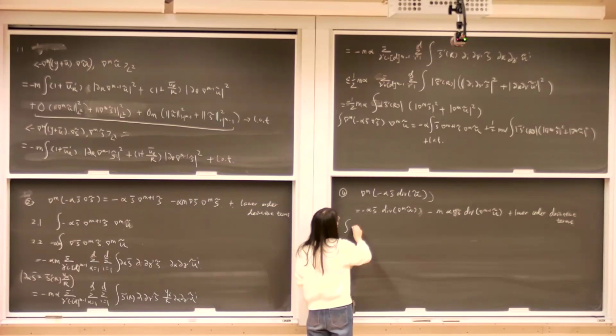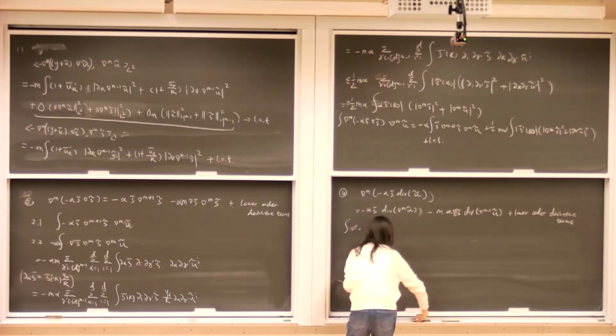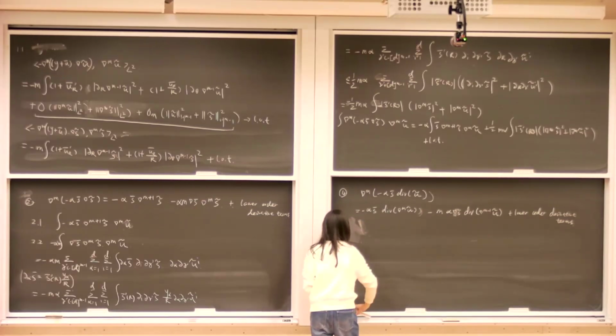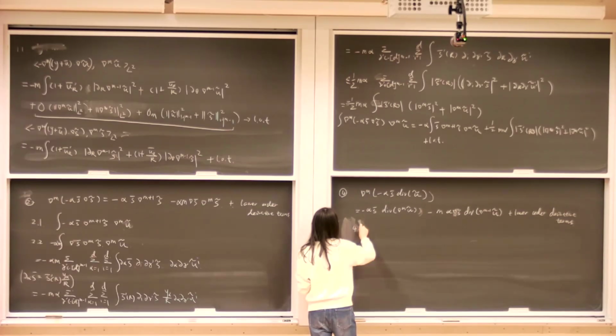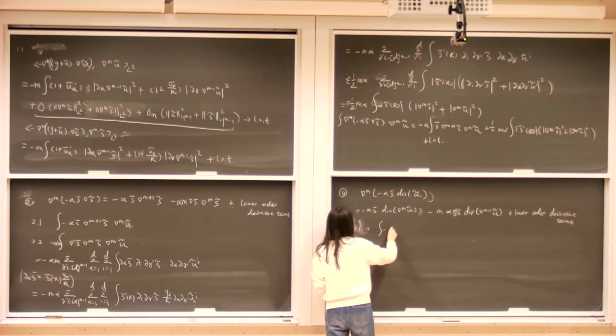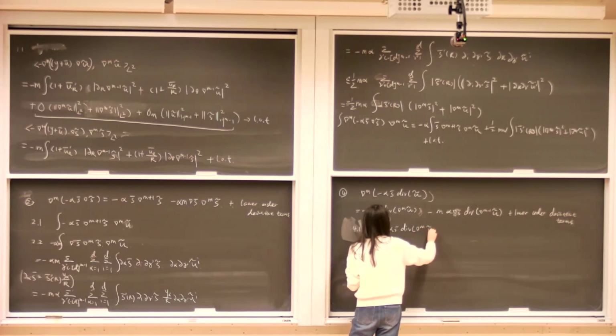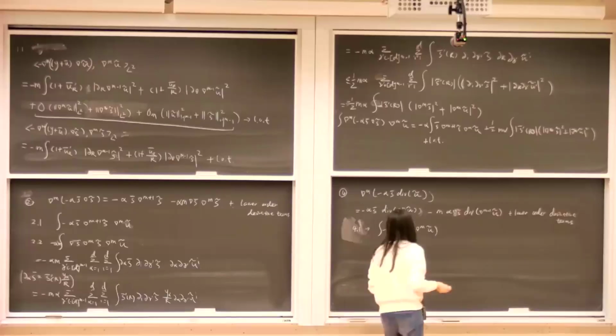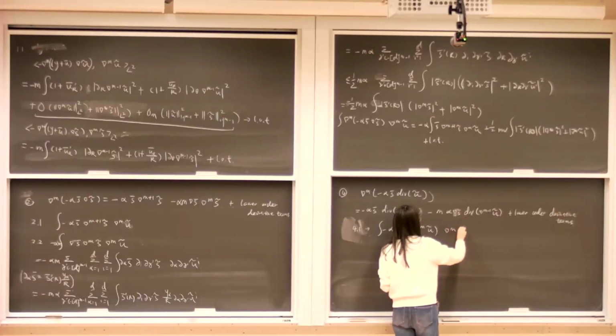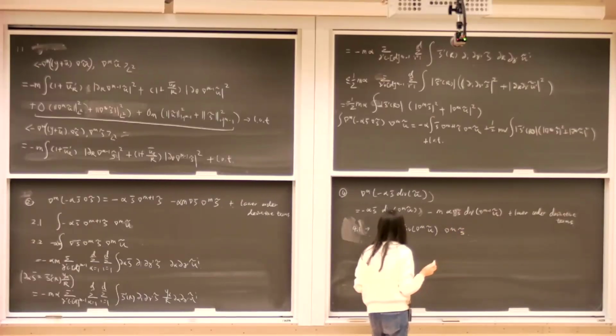So let's see. So negative 4, and times another term, which in our case is the gradient M S tilde.